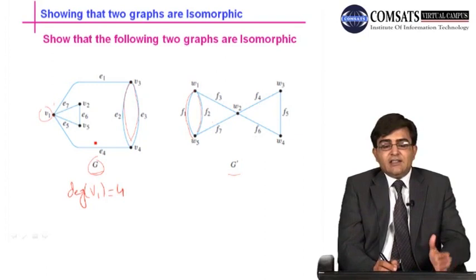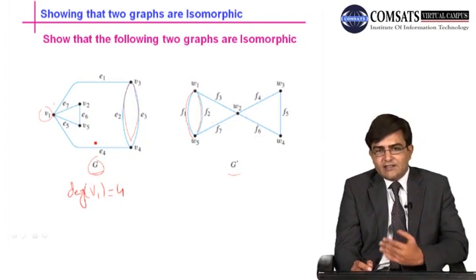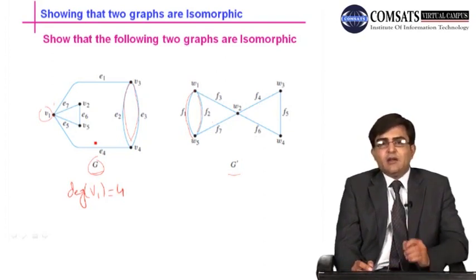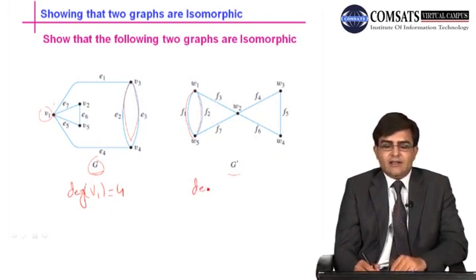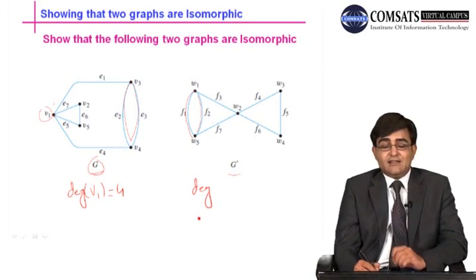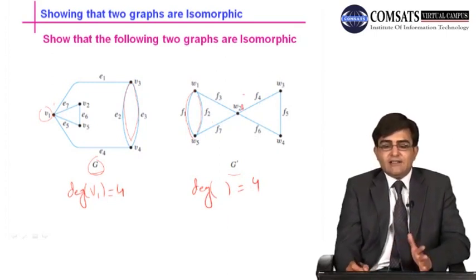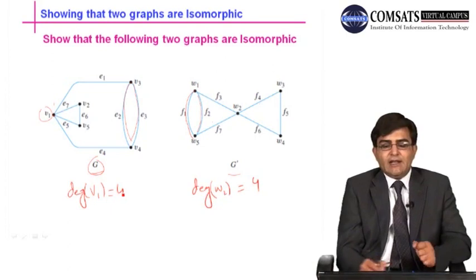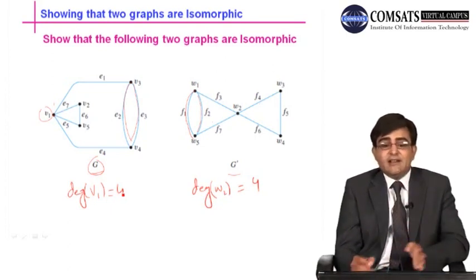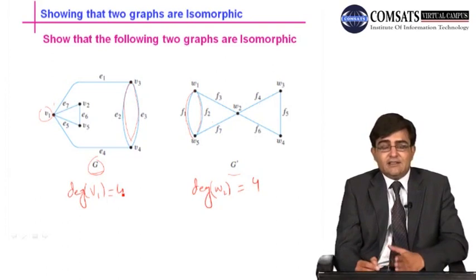So this property must be preserved, must be invariant in G dash also. What does it mean? It means that there must be only one vertex in G dash whose degree is 4. You can find that vertex. W2 is that vertex whose degree is 4, so we can write here W2. So this property is preserved here. This property is invariant in this graph.